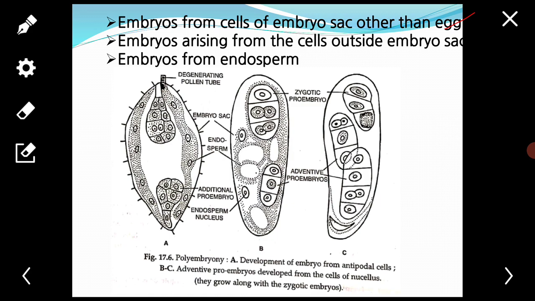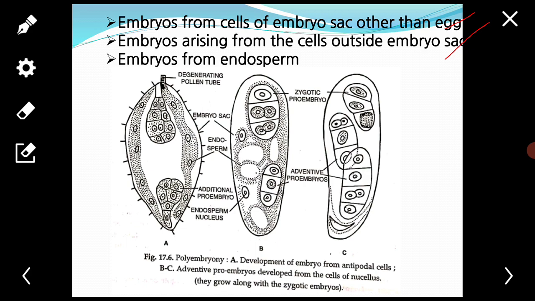And the embryos produced from the antipodal cells develop less frequently but are reported in Ulmus americana, Allium odorum. All the antipodal embryos may not remain viable.